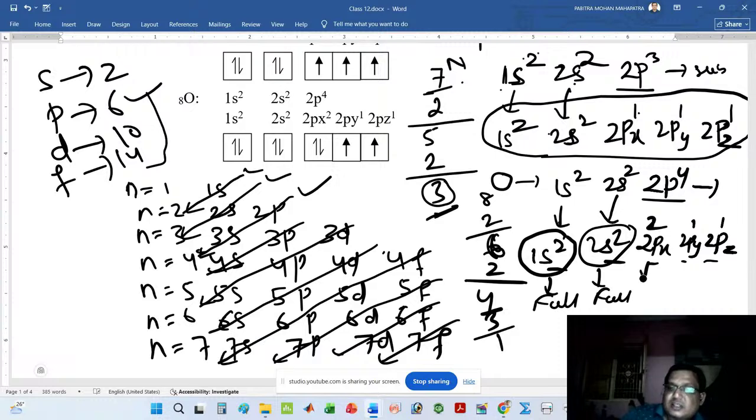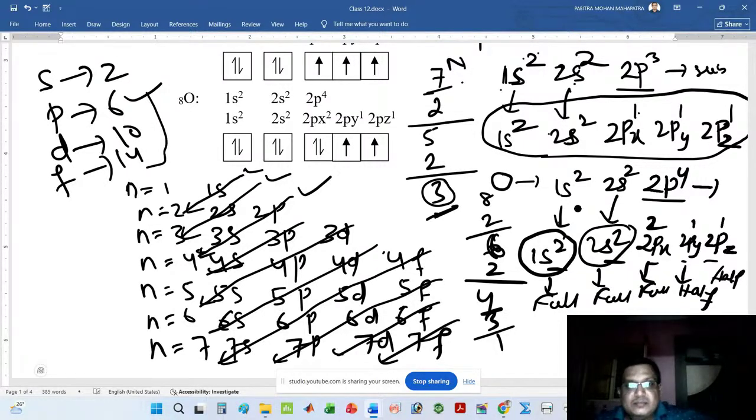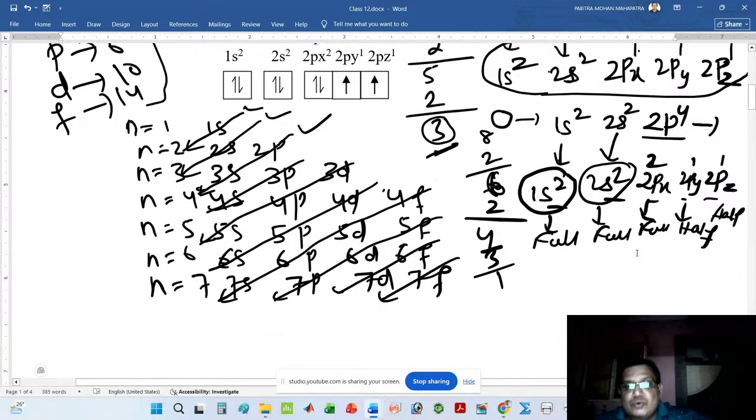So this orbital is said to be full filled. But if you think about the 2py, 2pz, each has 1 electron, that means half of the 2 electrons. So this is said to be half filled. This is also said to be half filled. Clear? This is Hund's rule.